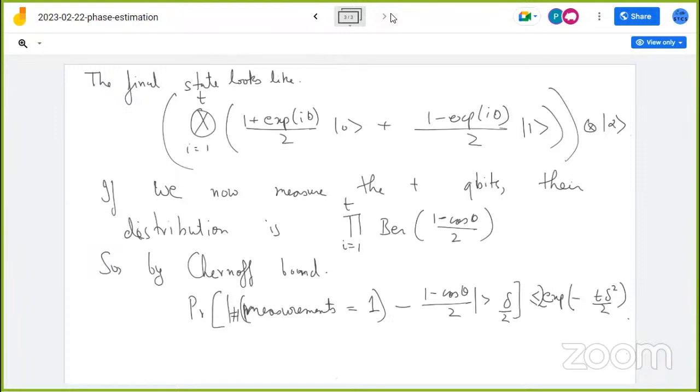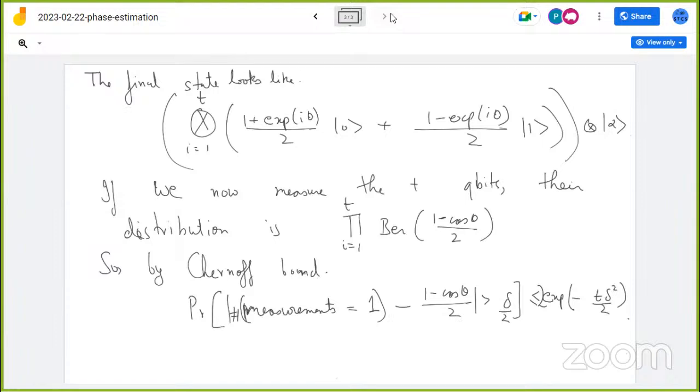If we do t times and put the parameter as delta, the probability of error is exponential in minus t delta squared, and the approximation of cosine theta is up to an additive error delta. There are two parameters in our control, delta and t. Delta is how much accuracy we want to get, and t governs the probability of error.